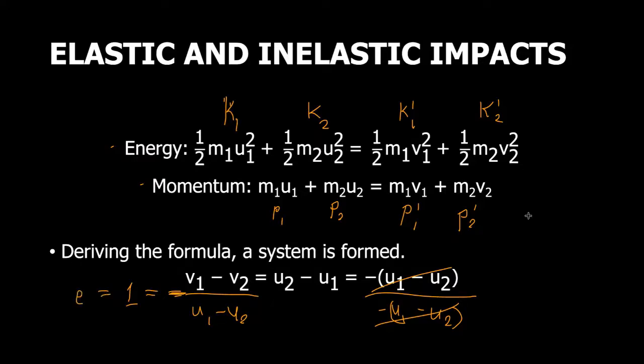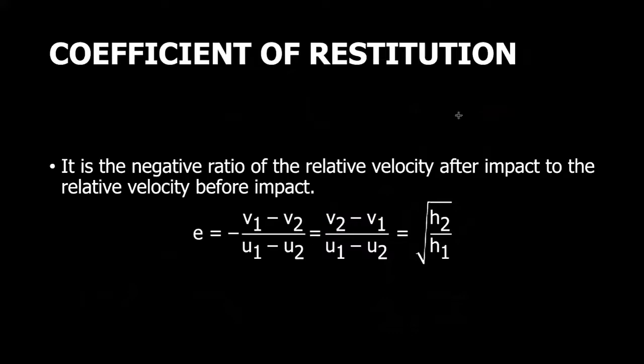So what do we mean by E value? This is the coefficient of restitution, the ratio of the relative velocity after to the relative velocity before, u sub 1 minus u sub 2. We will use this for instances where E is greater than 0 and less than or equal to 1. We don't use it for E equals 0, because you can factor out the relative velocity there.